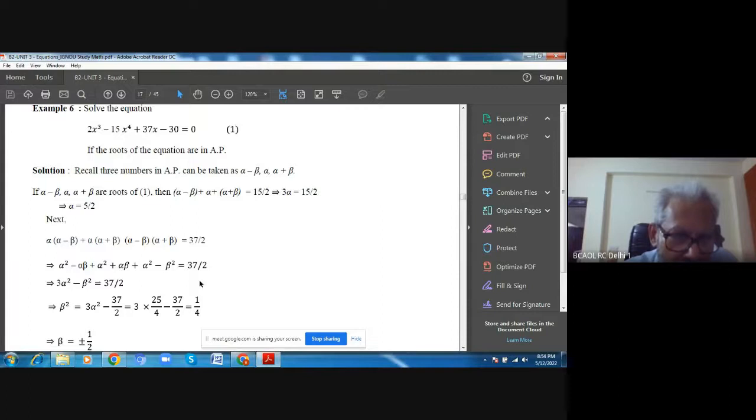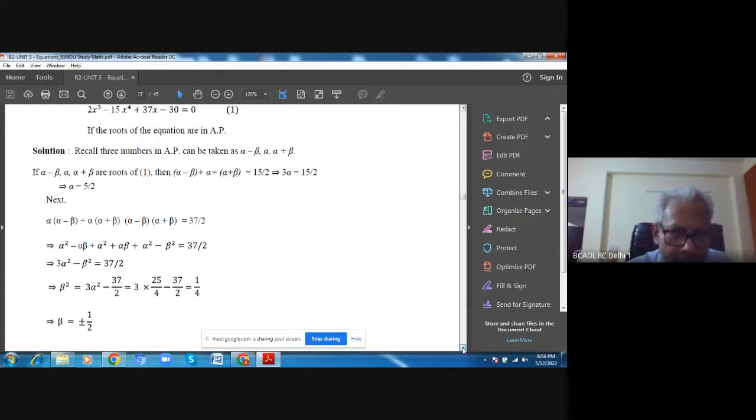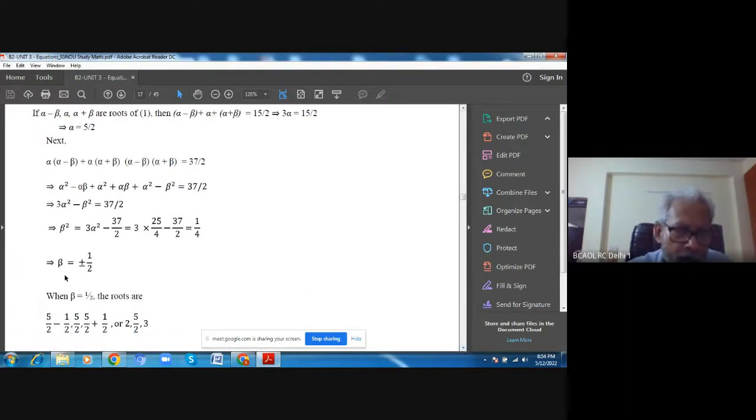Then after that calculation, we are getting 1 by 4 for beta squared. So beta is equal to plus minus 1 by 2. It may be a plus, it may be a minus, so both values we can consider. And 5 by 2, alpha, you have already achieved.